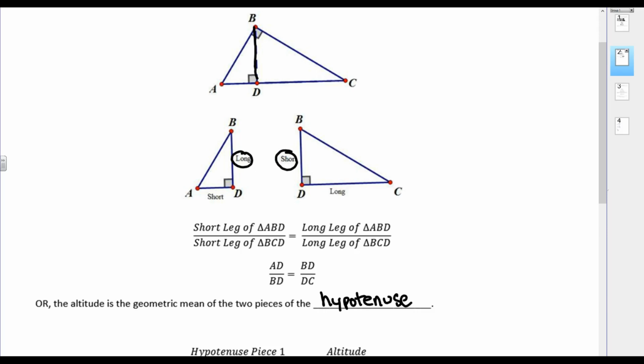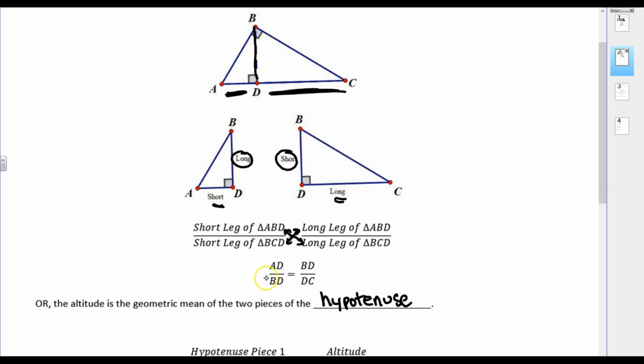And if you look, you can see it along the diagonal here, in the place of the geometric mean. Long leg of BCD, or short leg of BCD, long leg of ABD. And then the 2 pieces of the hypotenuse, this piece here and this piece here, AD and DC, that's the short leg and the long leg of the 2 triangles respectively. And they're across this diagonal.